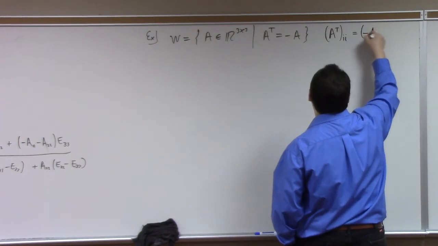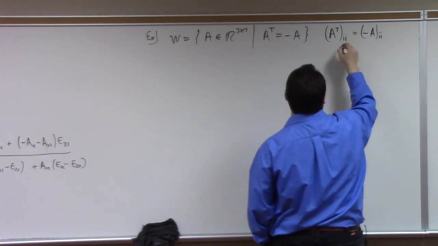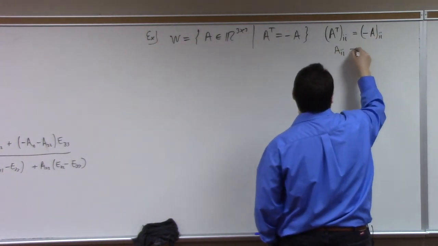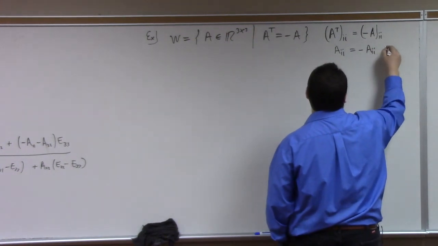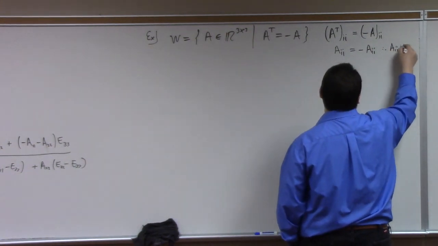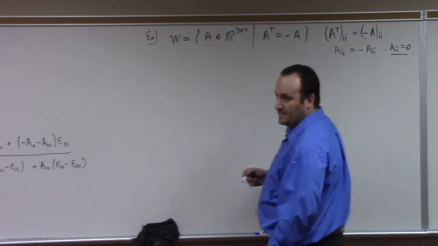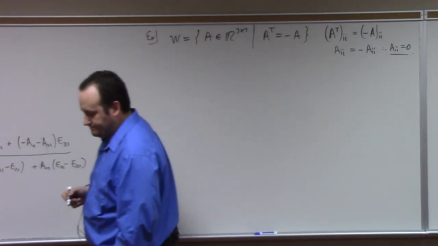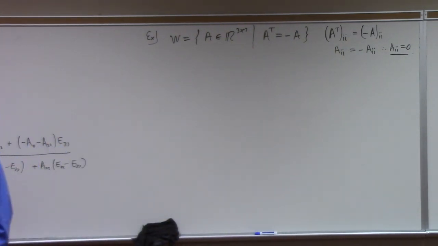Minus Aii, but what's this? It's Aii equal to minus Aii. Therefore, Aii is equal to 0. Supposing we're not working over characteristic 2. And I said we're in the reals, so, okay.